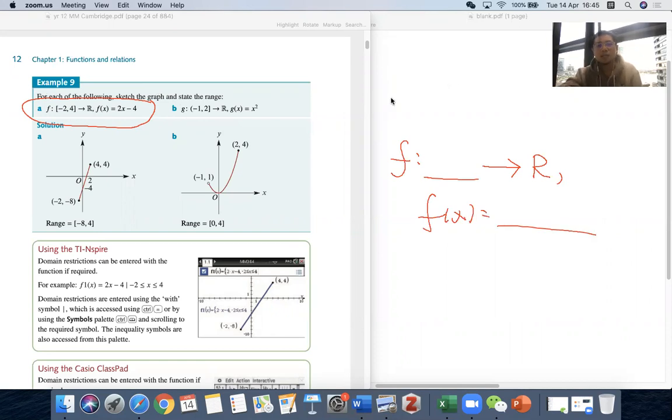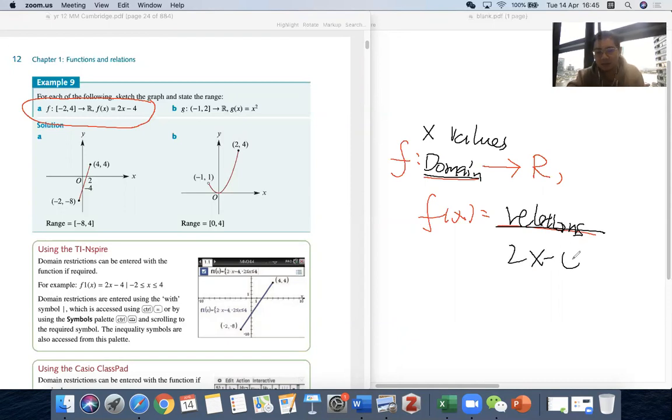These two underlined parts are the important part, okay? I'm saying it again. These two underlined parts are important because this one always gives you the domain, which means the x values, and this one always gives the relation, which means the equation you have. For instance, here it is 2x minus 4.